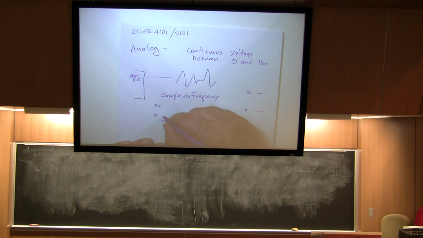So obviously you want to say that 00 is going to be 0 volts, and 11 is going to be 5 volts, which means that somewhere in the middle you're going to represent these points. Exactly where in the middle? 0.67. The 2 points are 0.67.